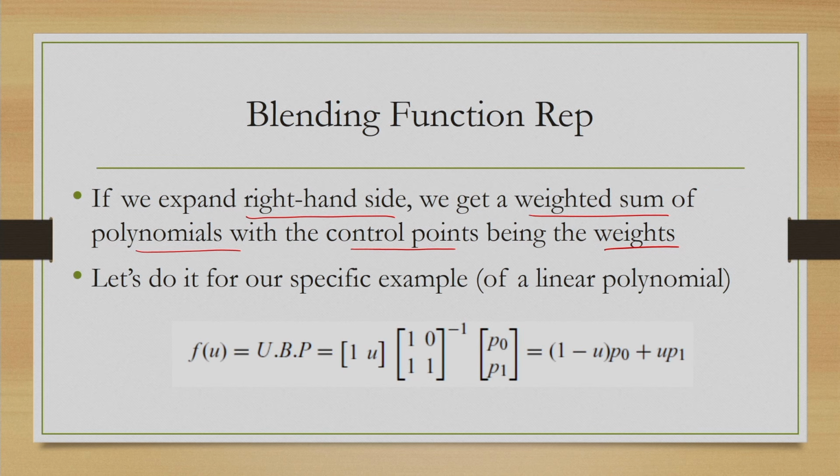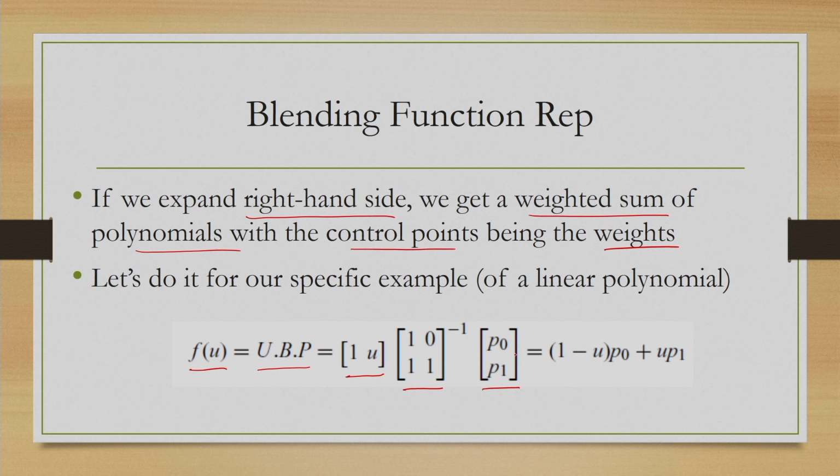So, in our example, let us derive it and see what happens. In our example, we have a polynomial of degree 1 and we have the matrices in this form. U is this one, B is this matrix and C is the control point matrix.